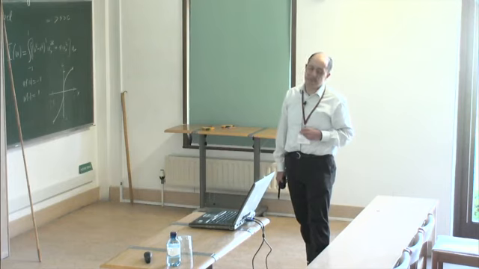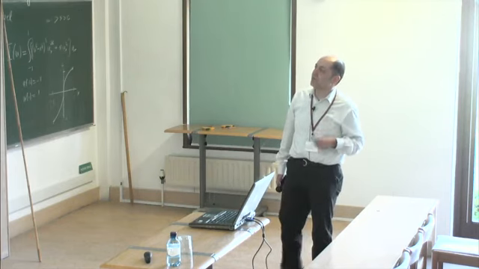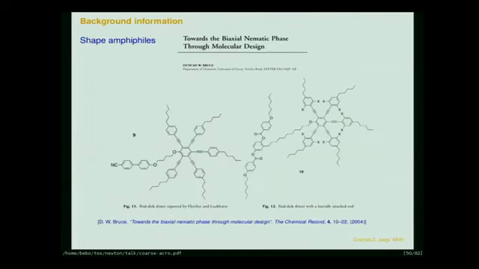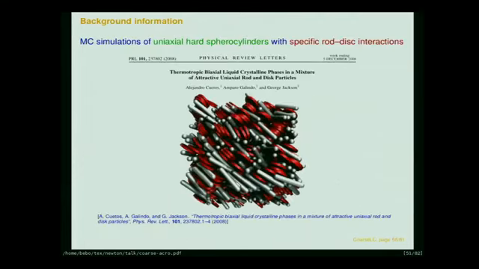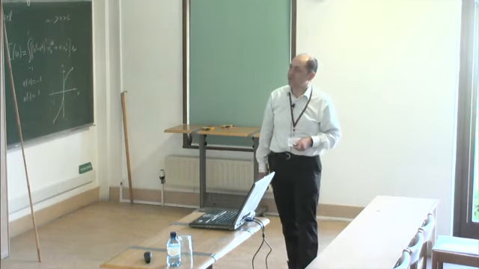They would align along mutually perpendicular directions, and so they would form a biaxial nematic phase. Things proved to be extremely more difficult because both from the theoretical point of view, experimentally, and also in computer simulations, when the density increased or the temperature was lowered, one would have phase separation.